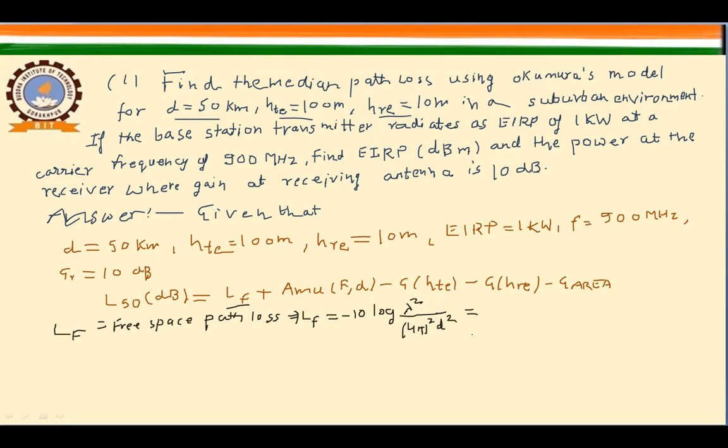Putting the values of all these parameters, where lambda is C upon f, that is 3 into 10 to the power 8, frequency is 900 into 10 to the power 6.